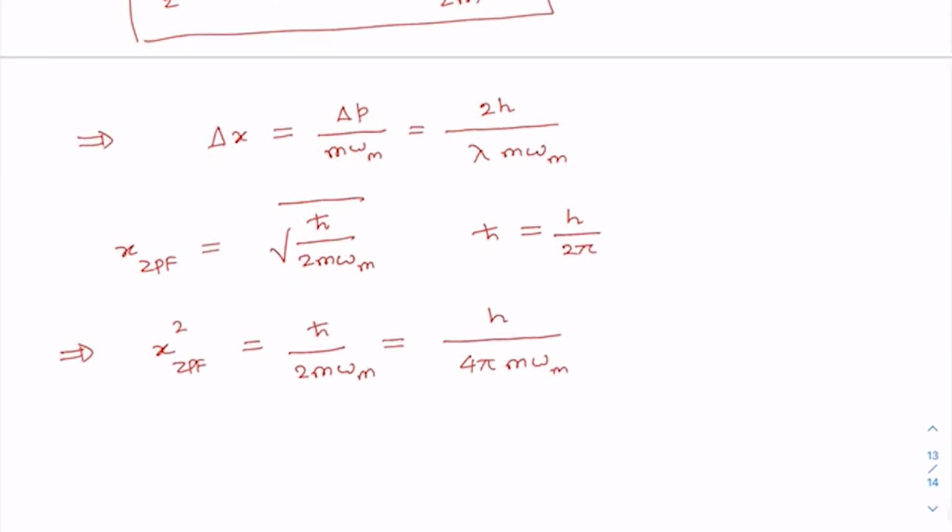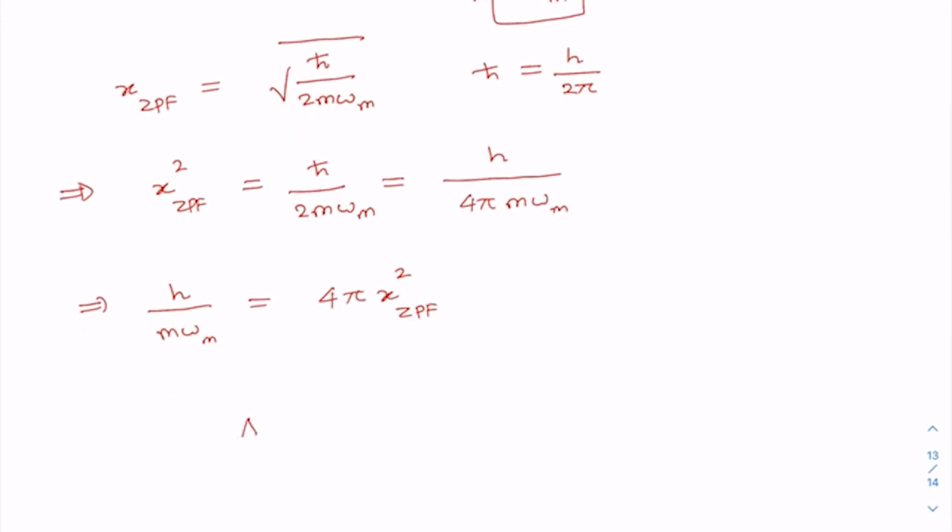Alright, and from here let me work out this particular expression. So I have h divided by m omega m, that would be equal to 4 pi x square zero-point fluctuation.